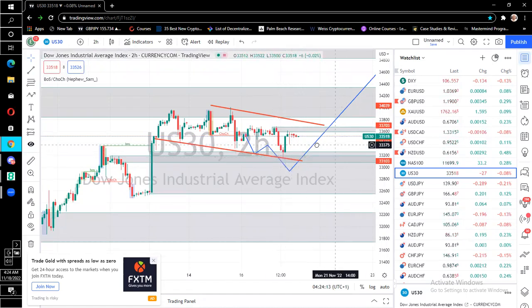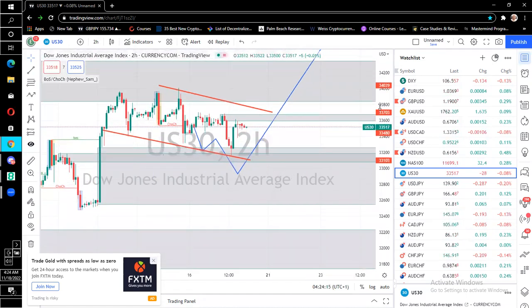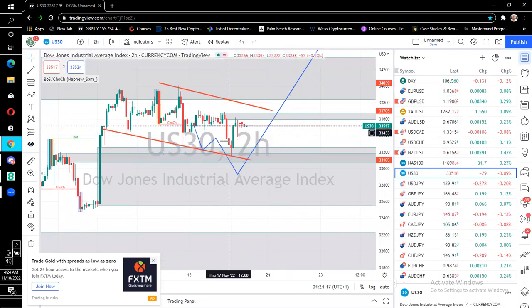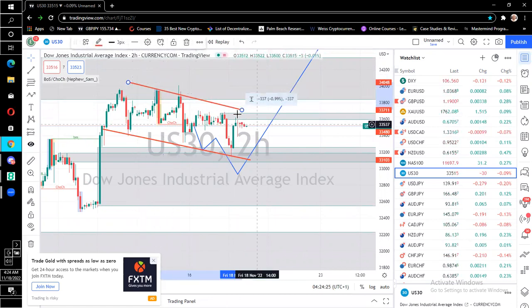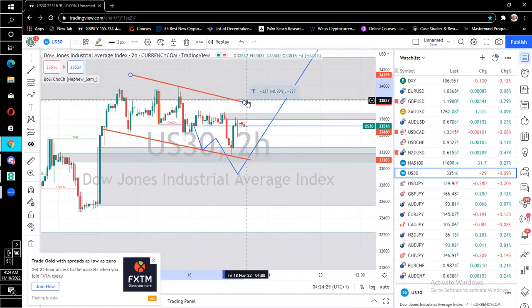All we need to know is that the market has broken structure, gathering contract to downside, so we're expecting a manipulation to the upside. That is what we should be expecting.